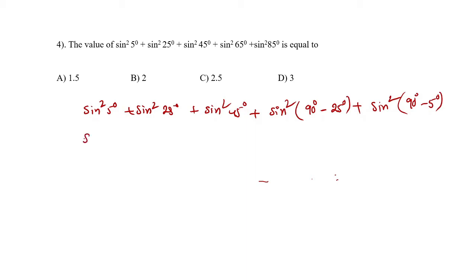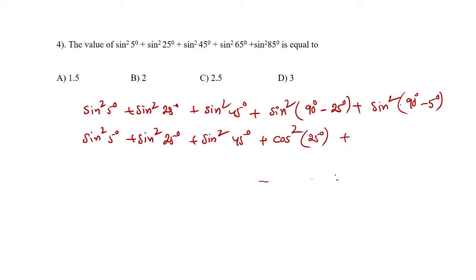Now sine square 5 degrees plus sine square 25 degrees plus sine square 45 degrees plus, here, sine of 90 minus theta means cos theta. So here cos square 25 degrees.